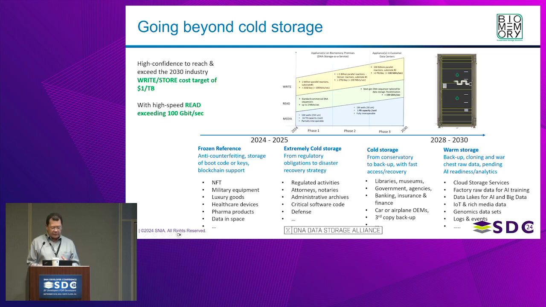We already have demand for that, from banks and insurances and so on. We are talking about terabytes of data. And finally, once we have the solid-state nanopore well established in industry, then we will be able to trigger more active archiving use cases.